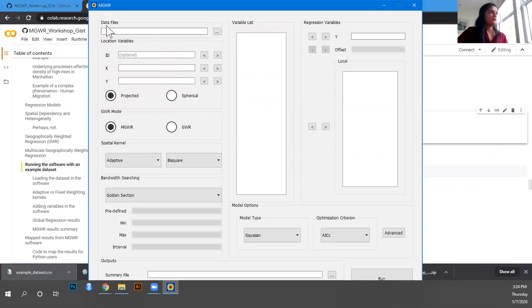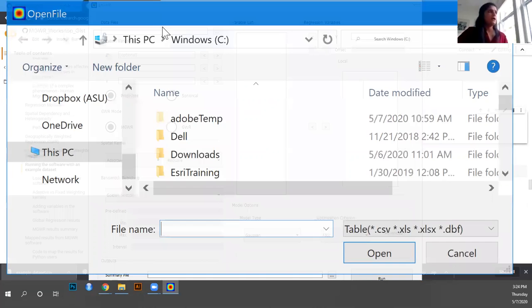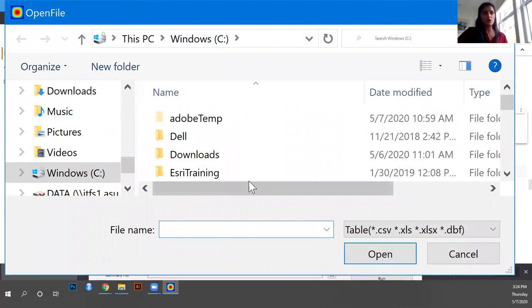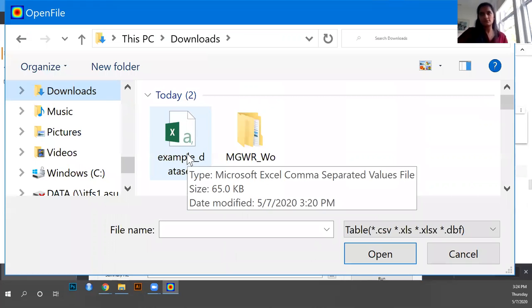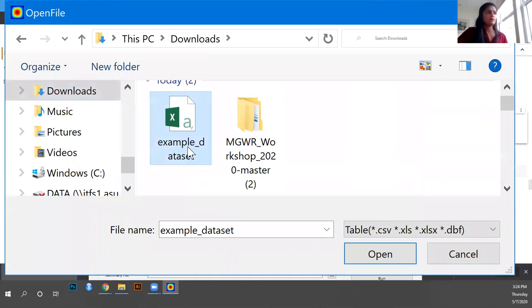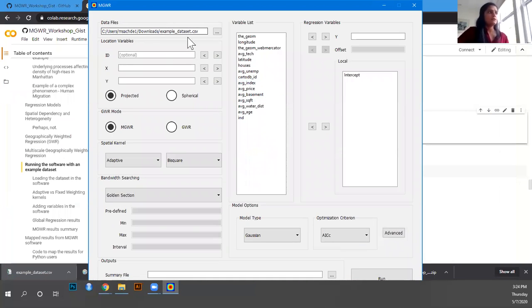For data files, this is where we would load our files. If you click the three dots, that will take you to your computer's window. In downloads is where my file is, because that is where it got downloaded. So I would click on example dataset and say open. This is where it reads the CSV file and all the columns that are there.